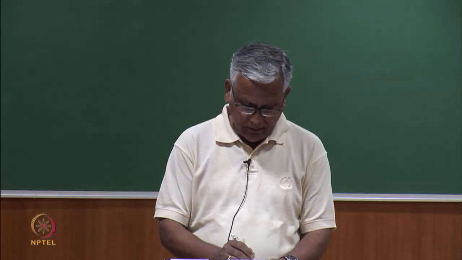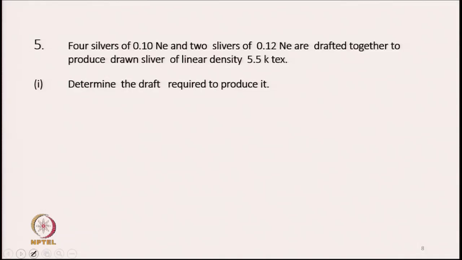From there we go to another problem now. 4 slivers of 0.10 Ne, now the count is Ne, and 2 slivers of 0.12 Ne are drafted together to produce drawn sliver of linear density 5.5 kilotex.